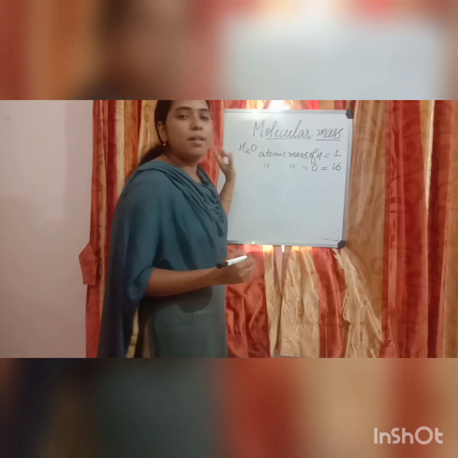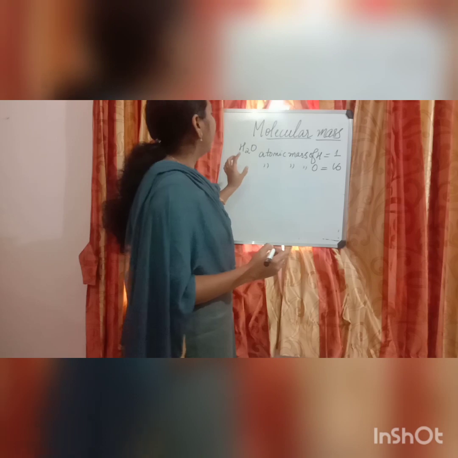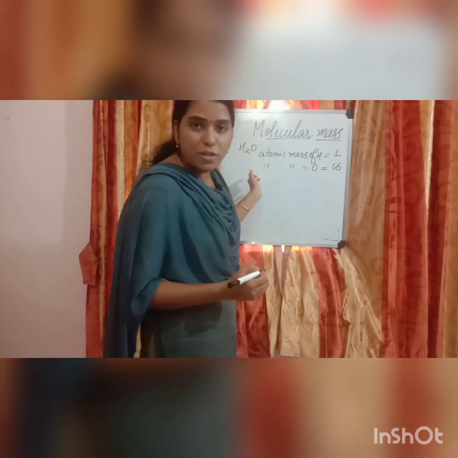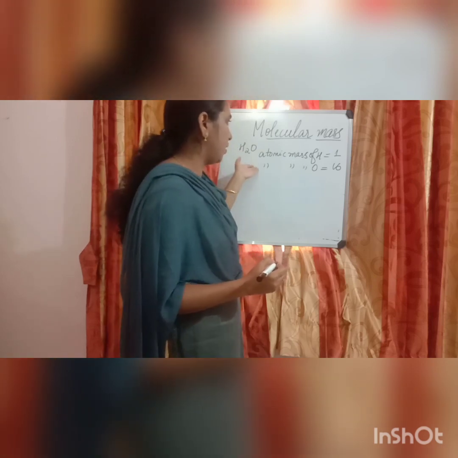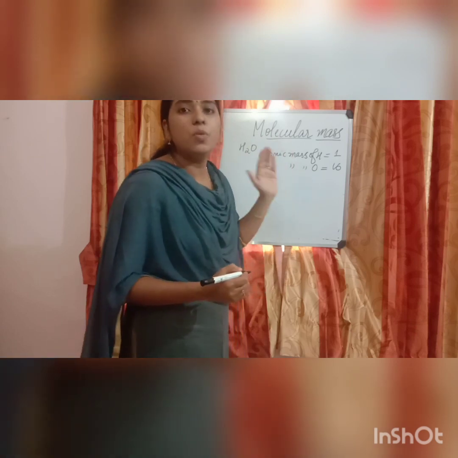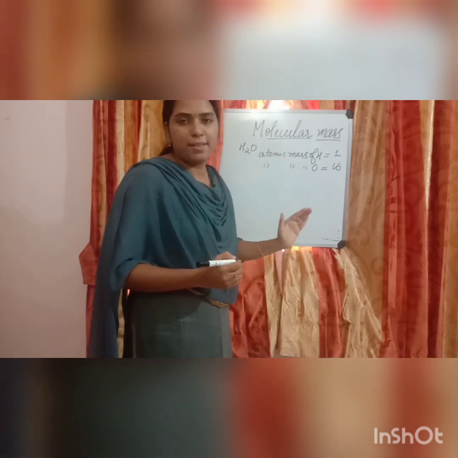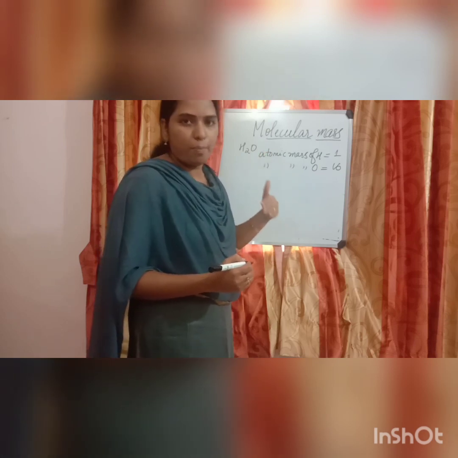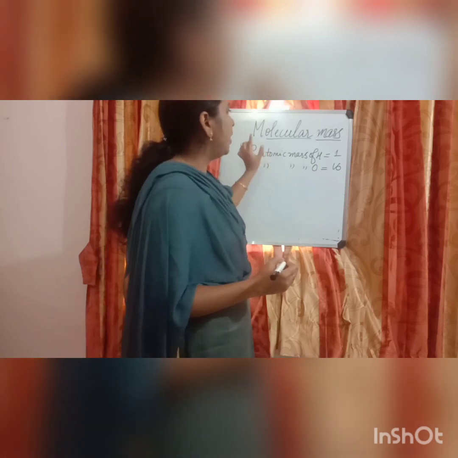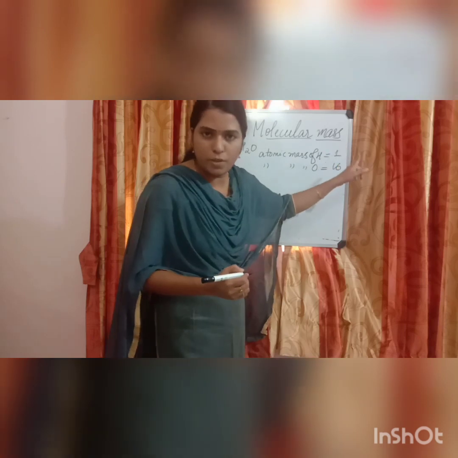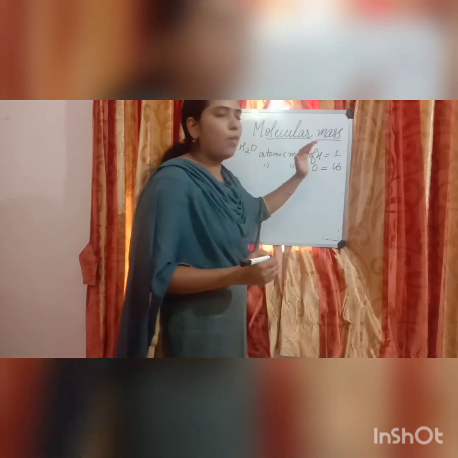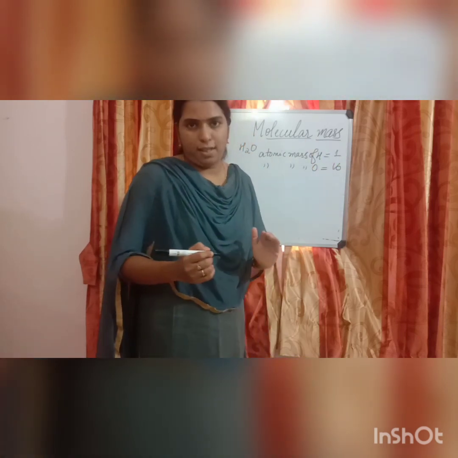So here in the water molecule, it contains 2 hydrogen atoms and 1 oxygen atom. So in the first step, you want to write the atomic masses of different elements present in the molecule or a compound. So first one, atomic mass of hydrogen atom is equal to 1 and atomic mass of oxygen atom is equal to 16.